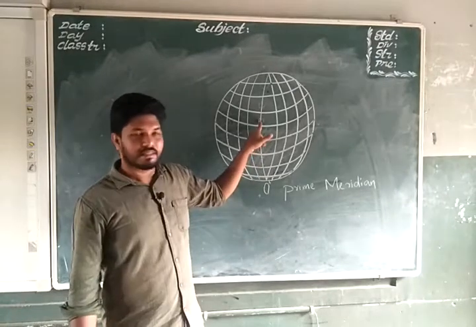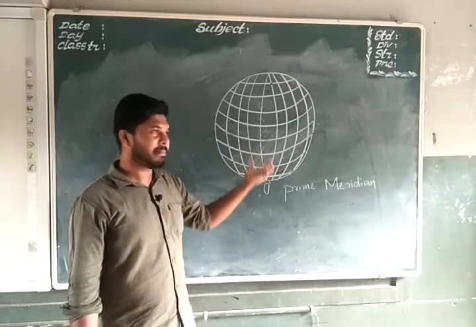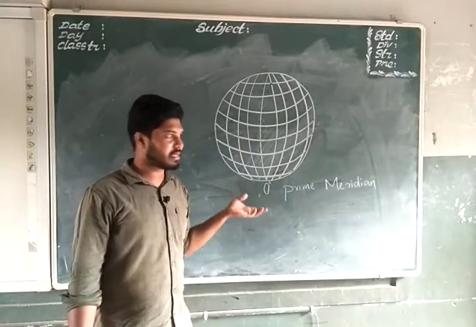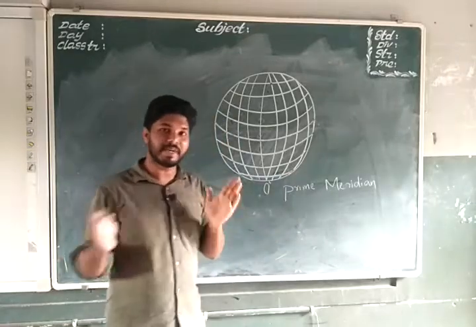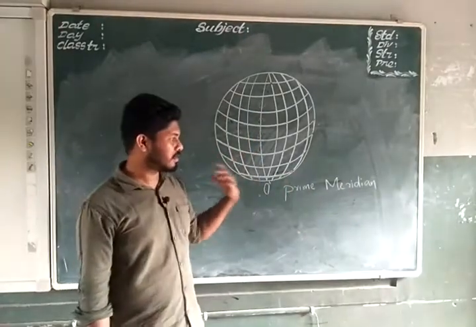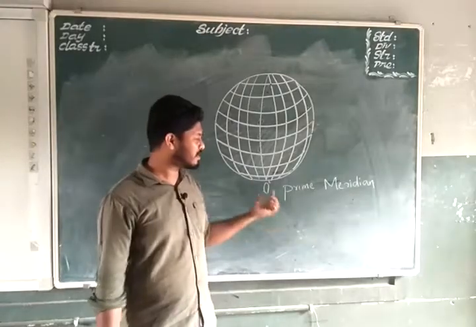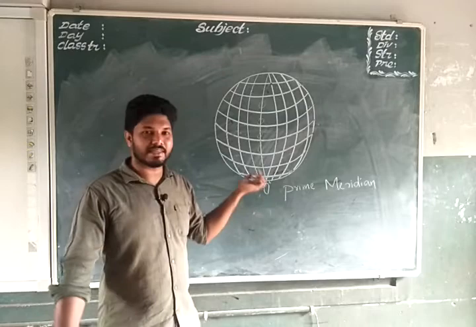That is, these places that lie in the meridian get the midday sun at the same time. From the word midday it got the name meridian, and hence the prime meridian is the 0 degree meridian, which passes through Greenwich near London.